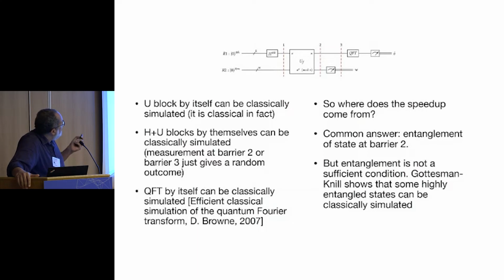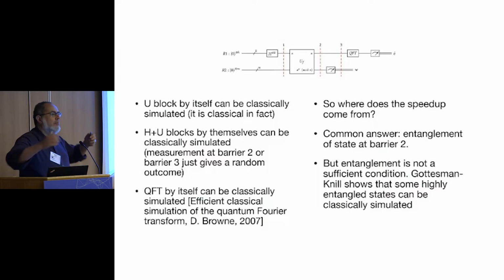Okay, so if you look at the pieces, there's three pieces, right? The U block by itself is classical. So that by itself is just nothing going on there. If you try to take H and U, the first two things together, and you stop there, that's completely boring, and it also can be done classically. Why is that?